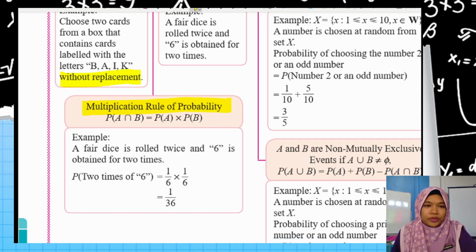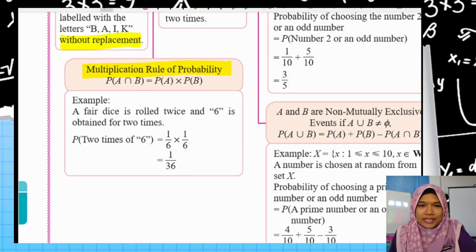For example, here you have a fair dice rolled twice and 6 is obtained both times. The first time you throw the dice you get number 6, and the second time you also get 6. The probability to get 6 is 1 over 6, because a dice has the numbers 1, 2, 3, 4, 5 and 6. You have 6 numbers, so in the dice there is only one number 6.